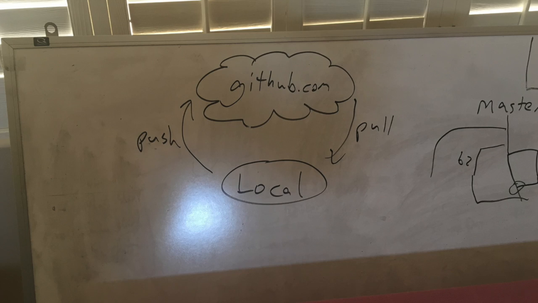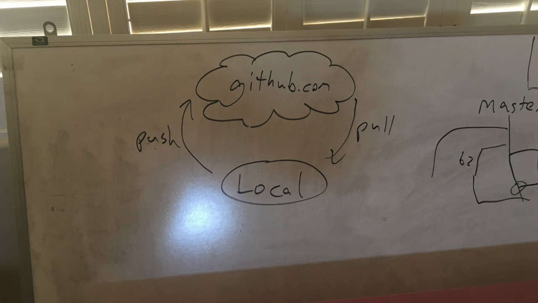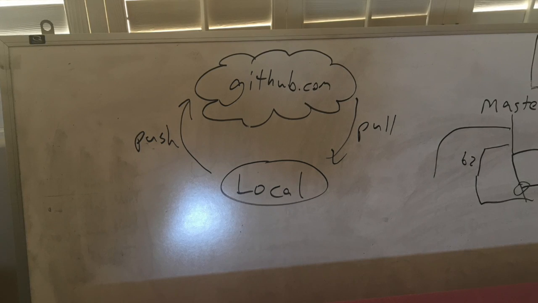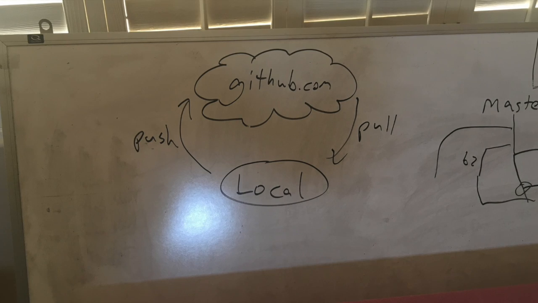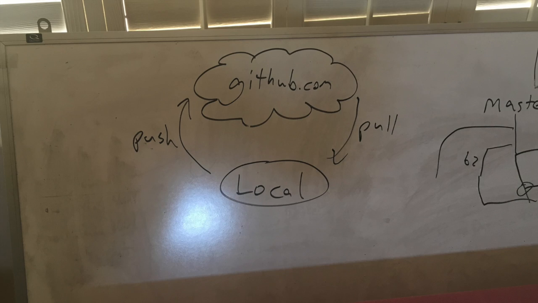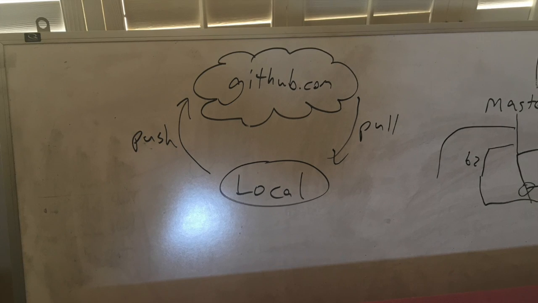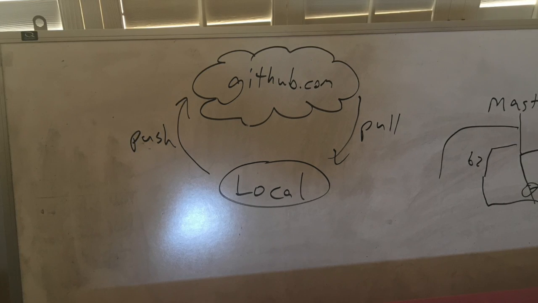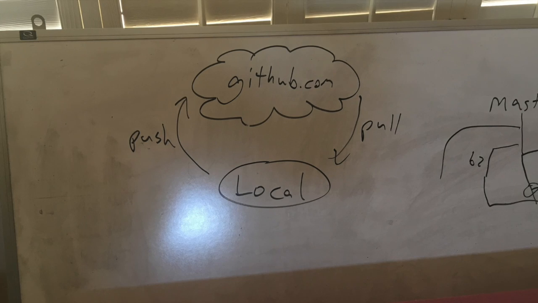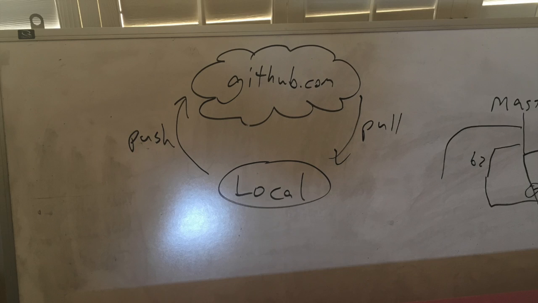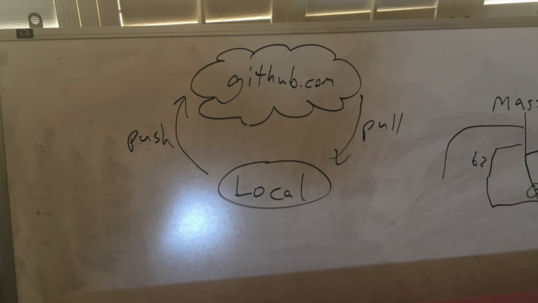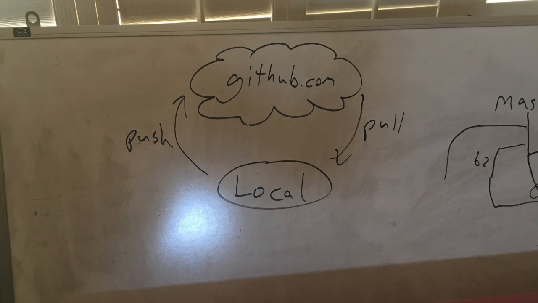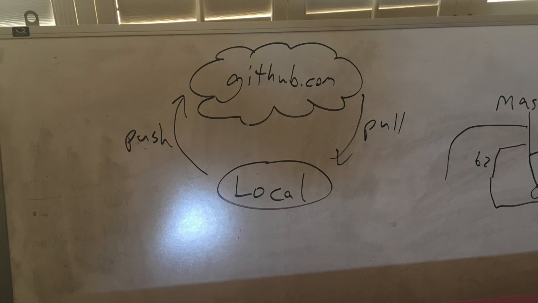And so, when you say git push, that is a command that updates the server to your local version. And git pull goes the other way. If someone else has pushed to the server, you can pull those changes to your local.